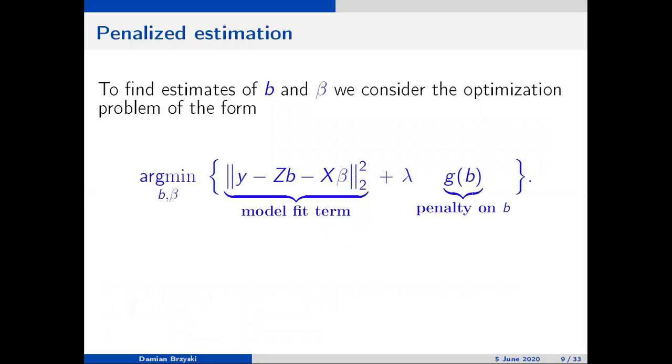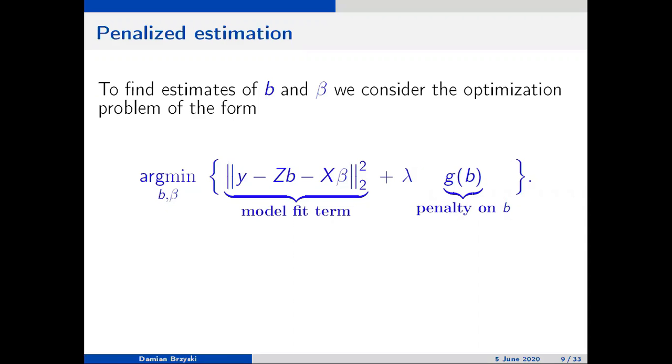So what we would like to do, we want to think about the optimization problem, which has two terms. First is the model fit term, and since we assume the Gaussian case, then we will just use the residual sum of square as something which tells us about the model fit. And the second term is a penalty.